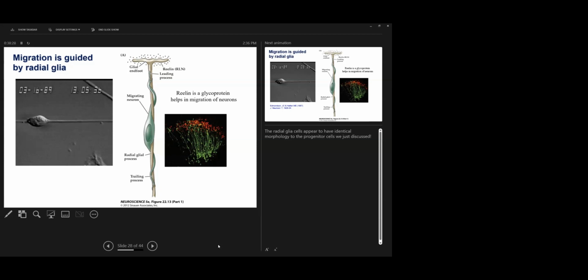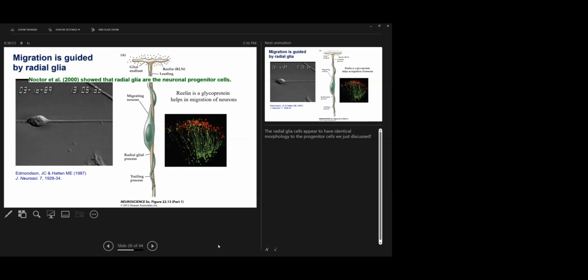At the end of the radial glial cells, you have an end foot, and it also releases a specific glycoprotein which helps in the migration of the neuron. So Nocta showed that the radial glial cells are the neuronal progenitor cells.